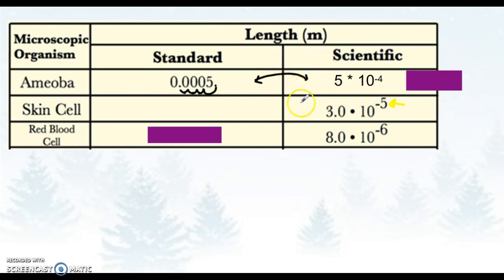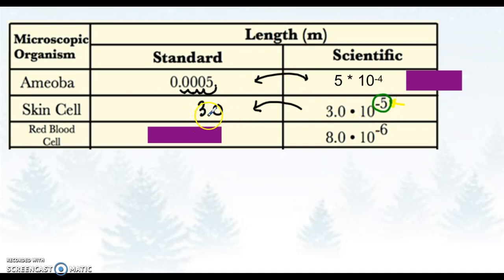To go from scientific to standard, I'm going to start by writing out 3.0. And if I move my decimal point to the right to go to scientific, I have to go to the left to get it in standard form. And I'm going to move it 5 times.